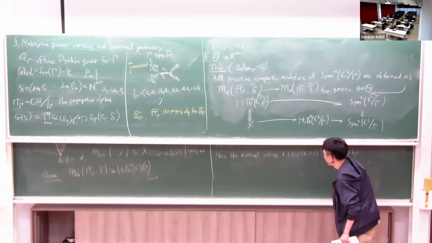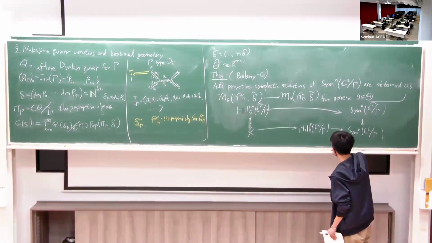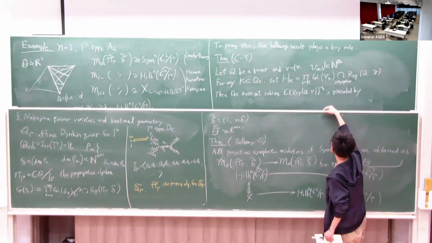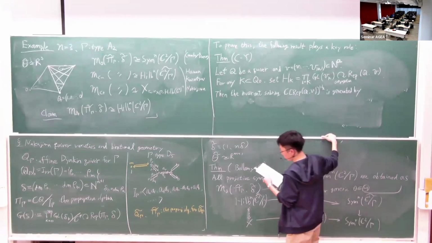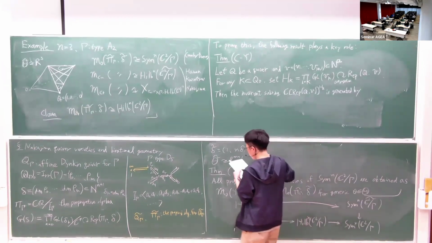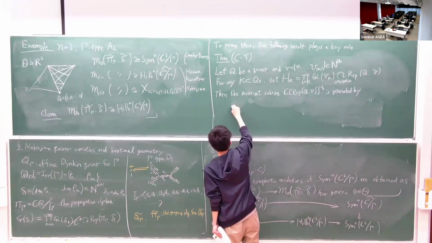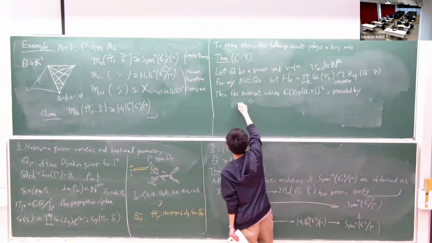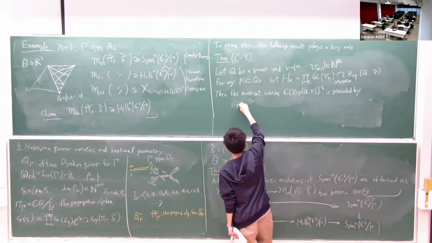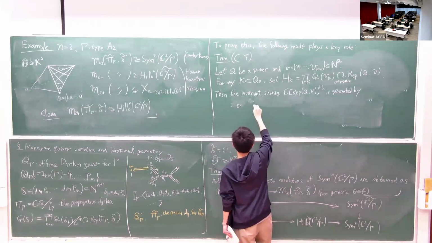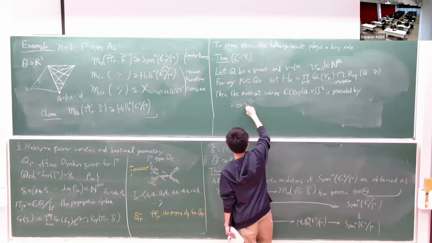The first type of generator is the following: the trace associated to cycles gamma.